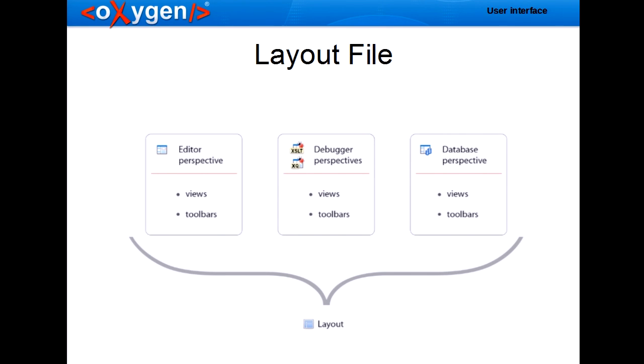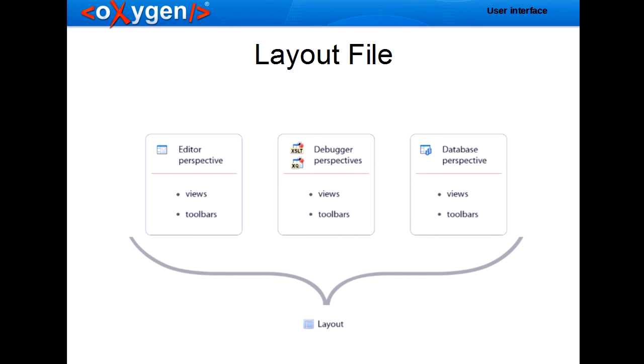Now, another important aspect is where this configuration is being stored. And the answer is inside the layout file, together with the views configuration. So oXygen has this layout file in which it used to store the information about which views are present, which are not, and where each view is being placed.